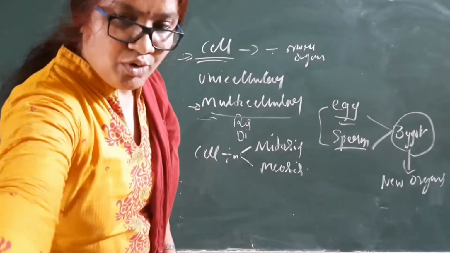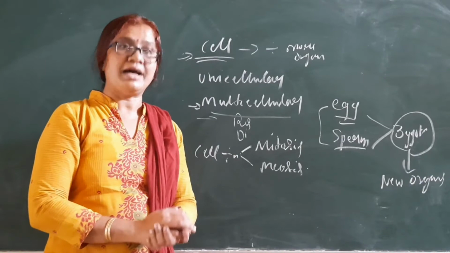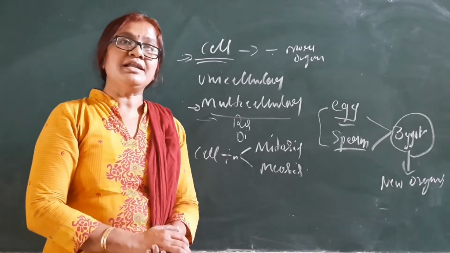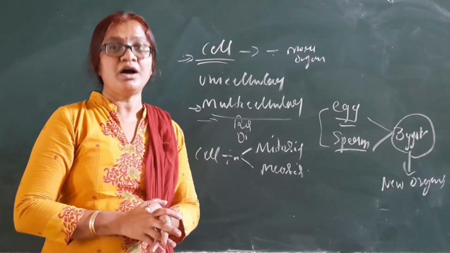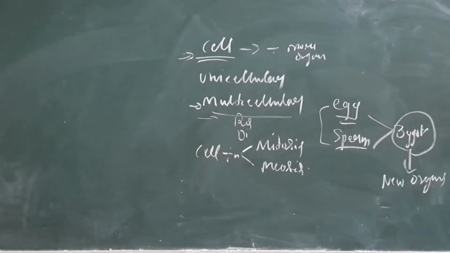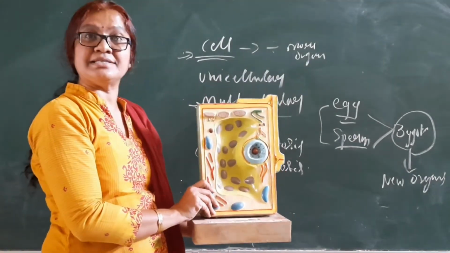Now, let me give more information about the plant cell and animal cell. The plant cell is entirely different from the animal cell. How is it entirely different? This is the model of the plant cell.